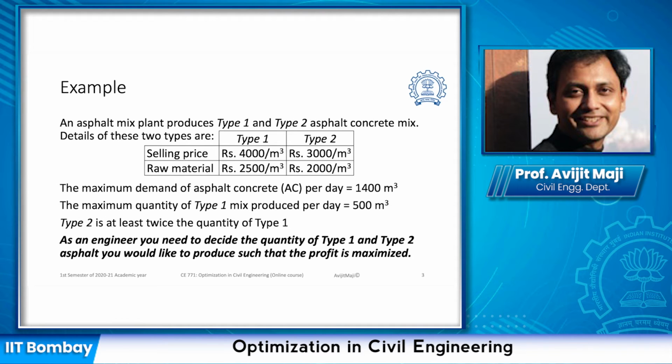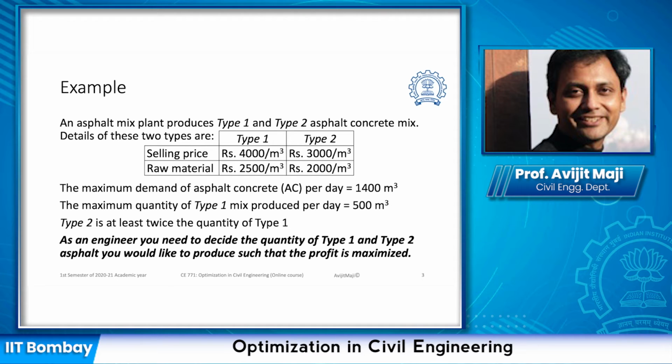As an engineer working in an asphalt mix plant which is producing two types of asphalt concrete mix, you are required to find out the quantity of these two types of asphalt so that the profit is maximized.